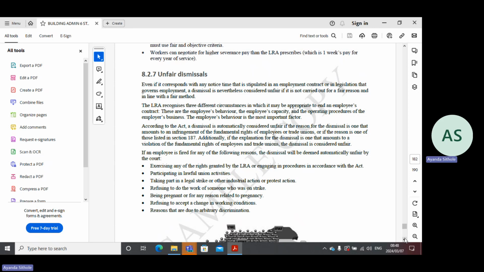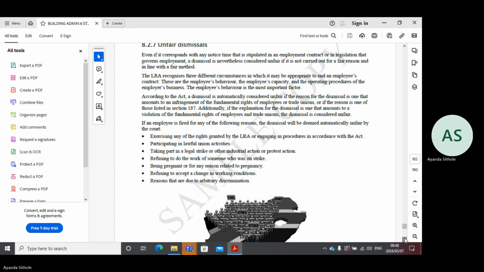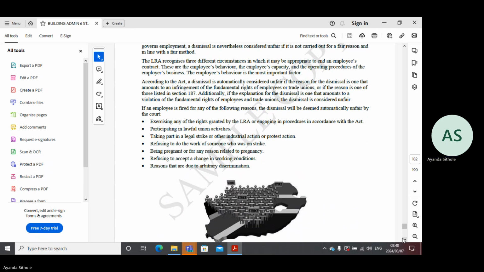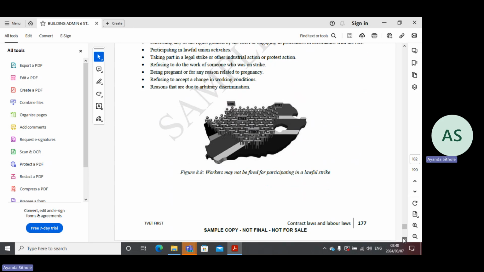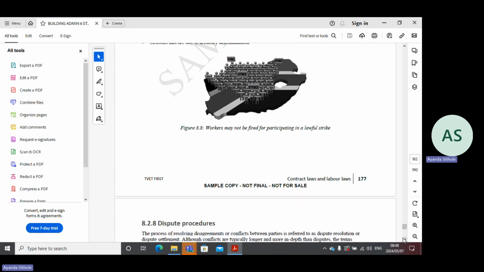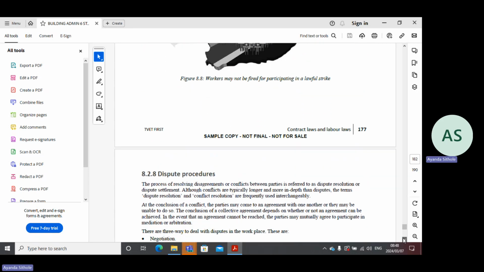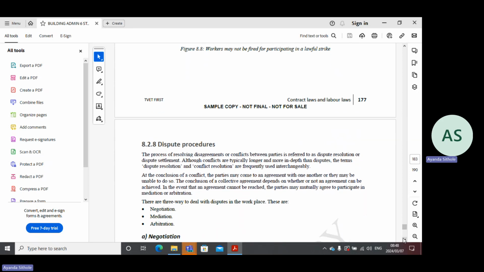Okay, so let us look at the dispute procedure.